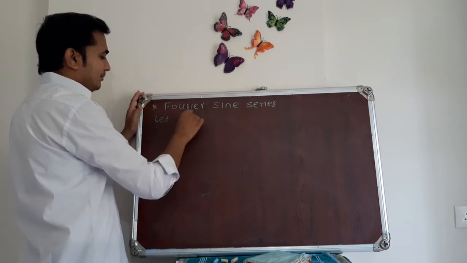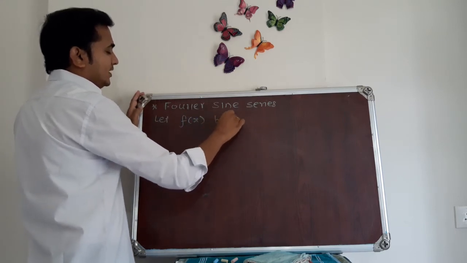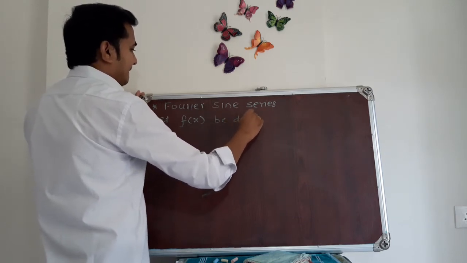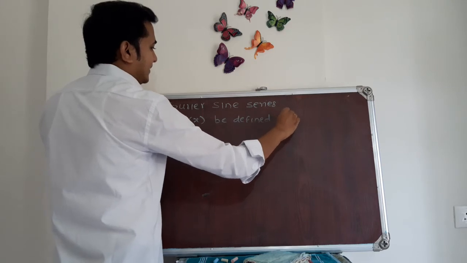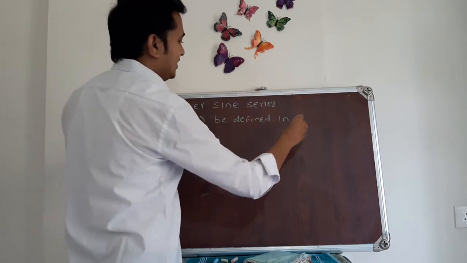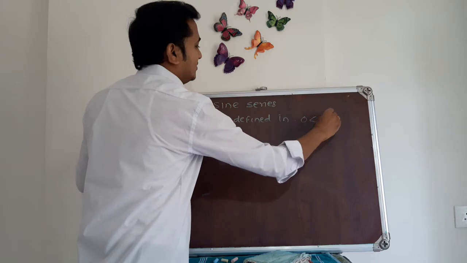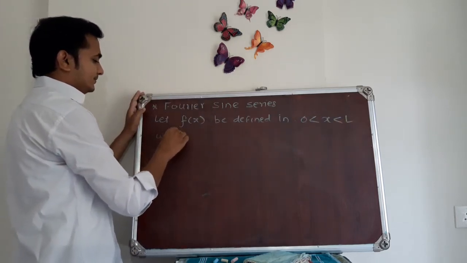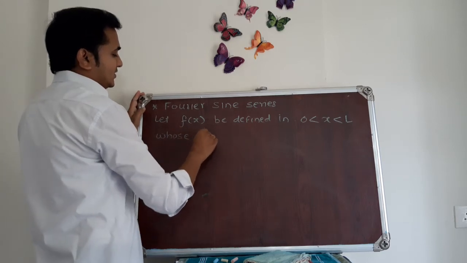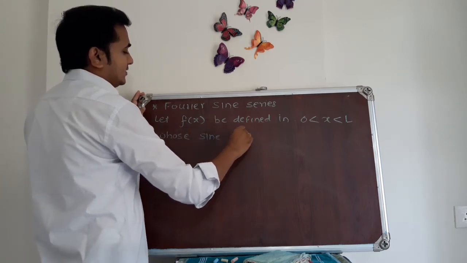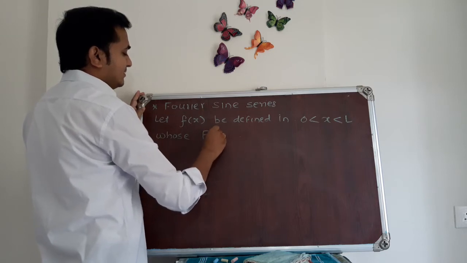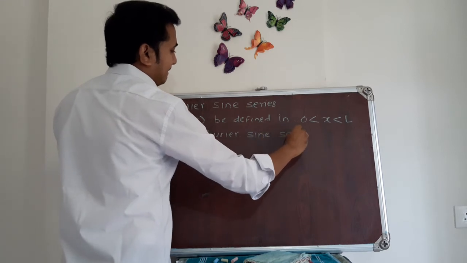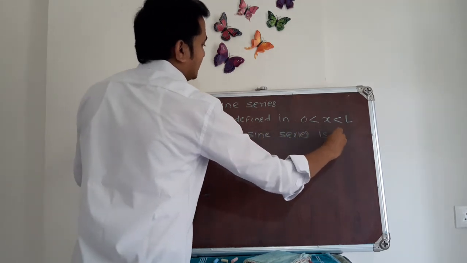Let f of x be defined in the half range or half interval, defined in 0 to L, whose sine series or Fourier sine series is required.